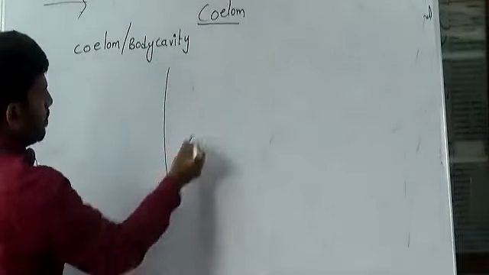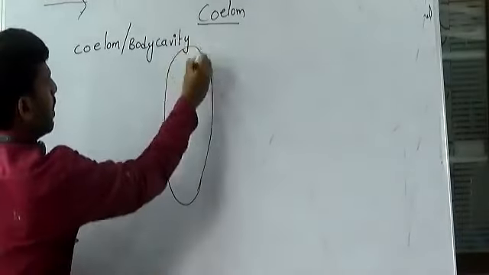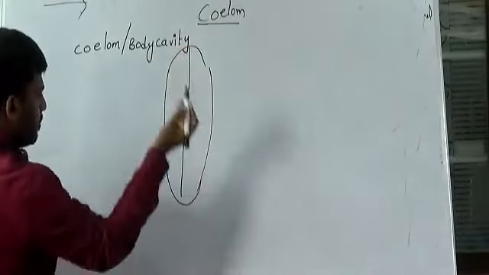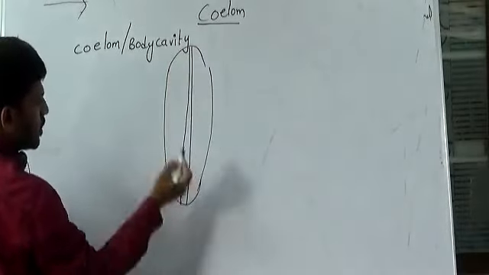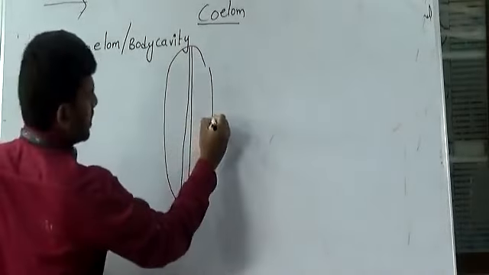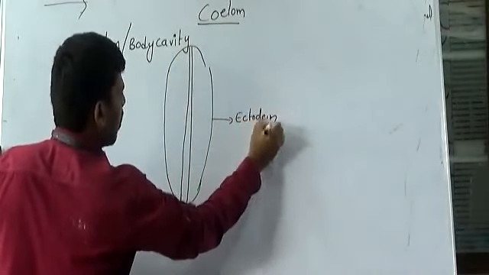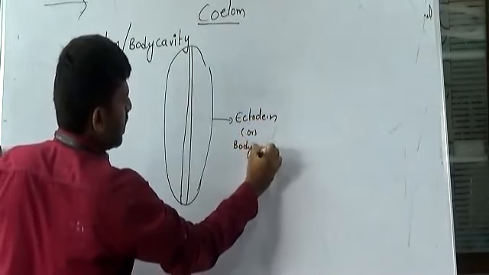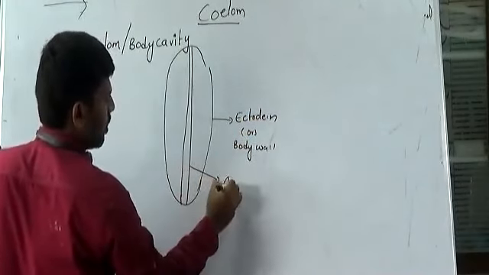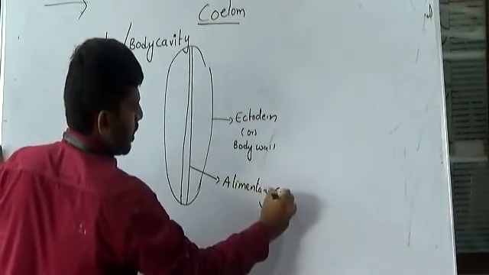See here, assume that this is the body of an organism, a representative of phylum Platyhelminthes. This is the ectoderm or body wall, and this is the alimentary canal.